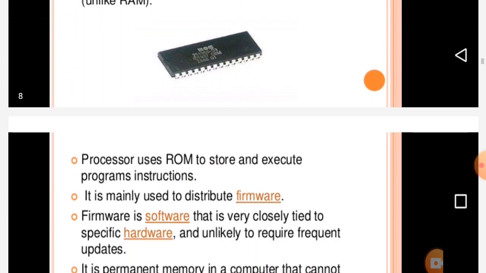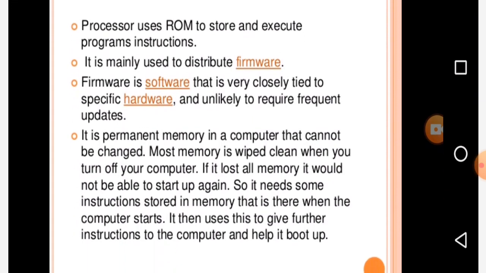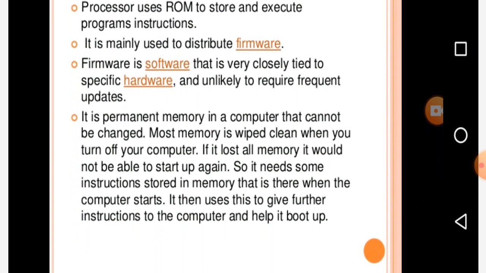Unlike RAM, the processor uses ROM to store and execute program instructions. It is mainly used to distribute firmware. Firmware is software that is very closely tied to specific hardware and unlikely to require frequent updates. It is permanent memory in a computer that cannot be changed.